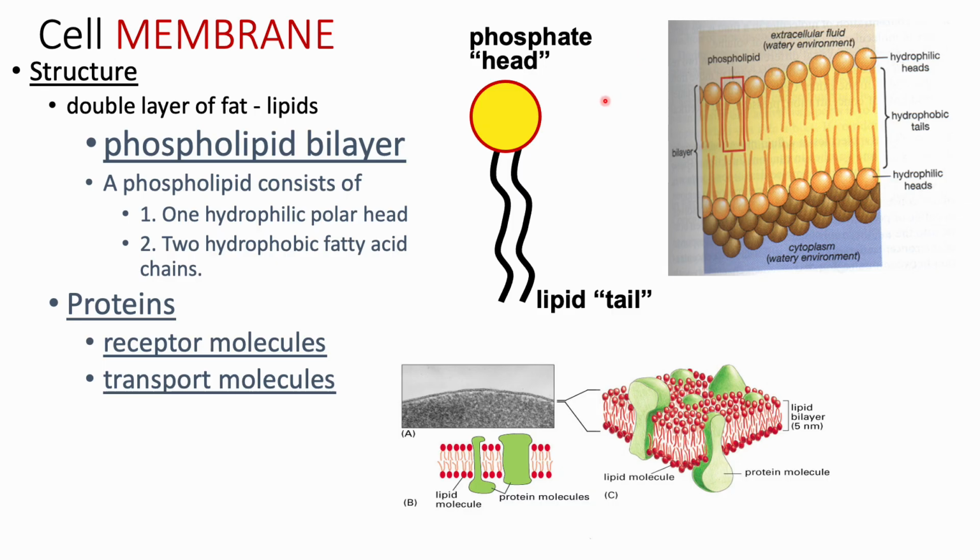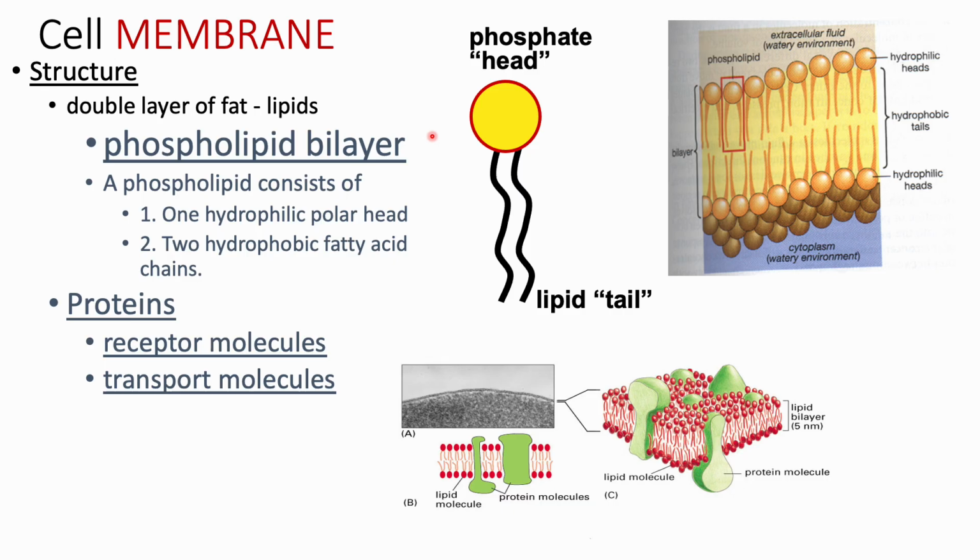Looking at the structure of the cell membrane, the cell membrane is a double layer of fat. Specifically, we're looking at the lipids. It's a phospholipid bilayer. Bi means two, so there's two layers to the cell membrane. And a phospholipid means you're going to have a phosphate attached to the lipid.